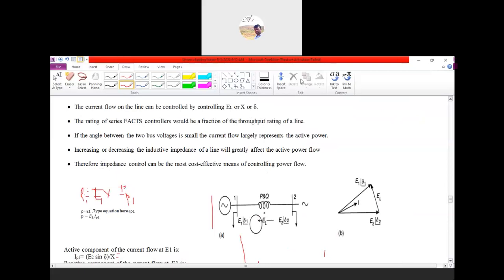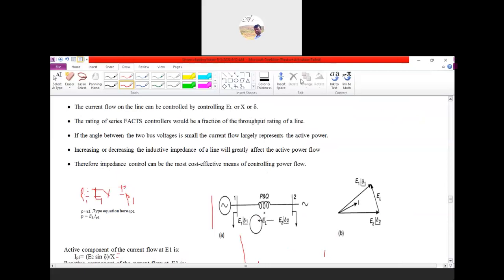As it continuously increases, the resultant goes perpendicular, directly perpendicular to E2.